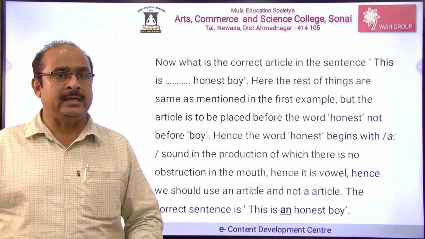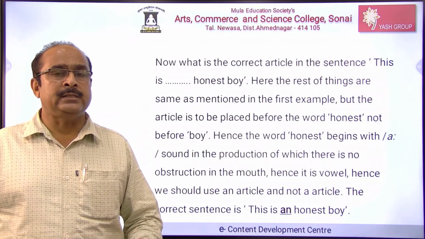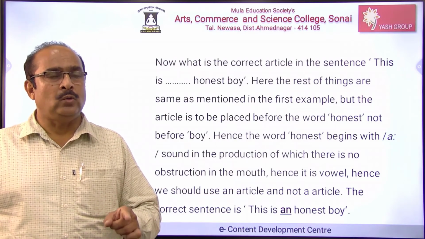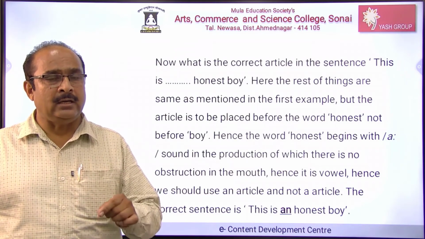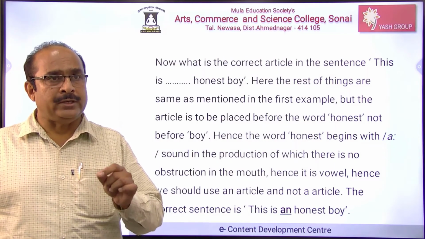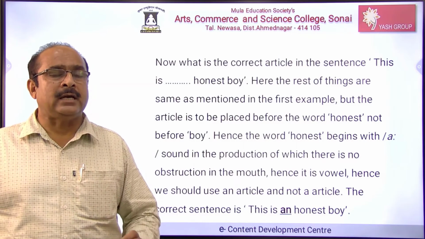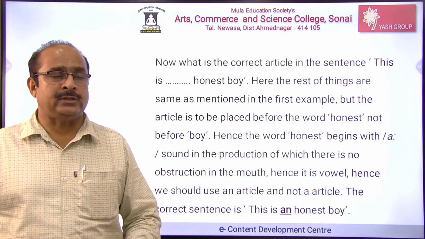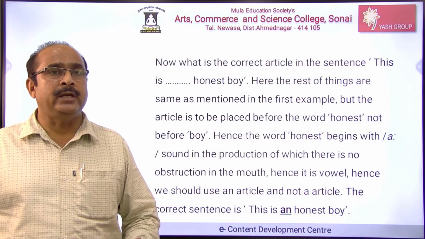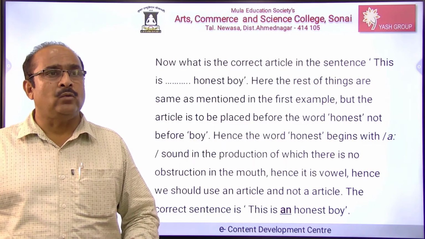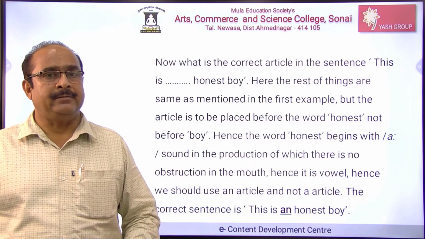So, the correct sentence is: This is an honest boy. Though boy is a countable noun, we have to place the article in front of the word honest, and the word honest begins with a vowel sound, and that's why we have to use the article an.